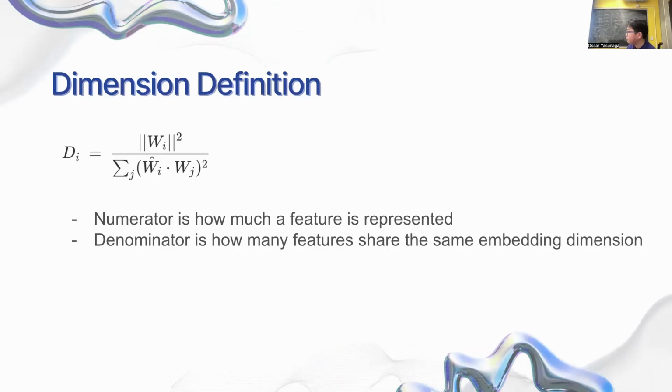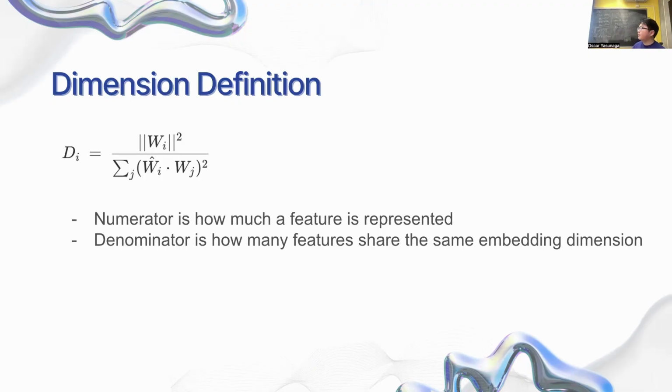So they first define this dimension of expressing a high dimensional feature, right? Where the numerator is how much this feature is represented in your low dimensional space, and the denominator defines, for this feature, how many other features are sharing it.